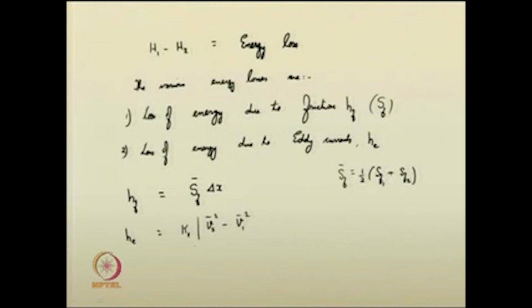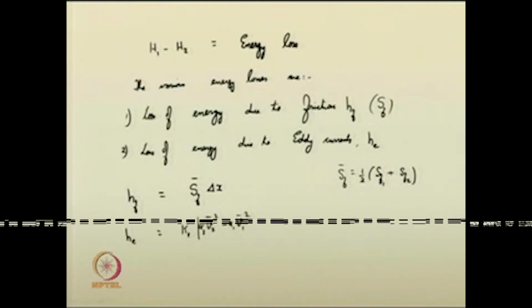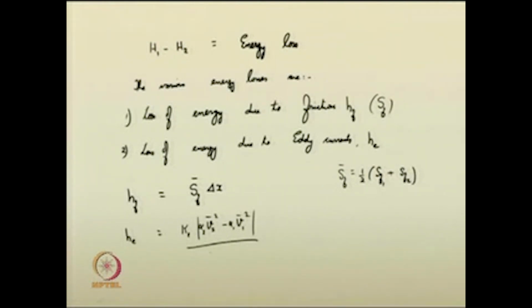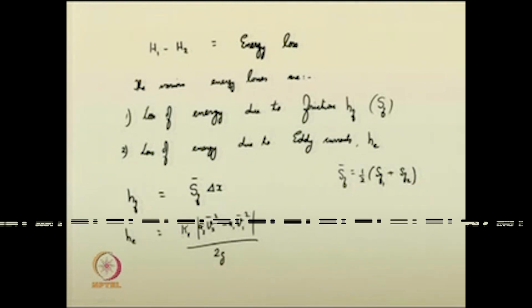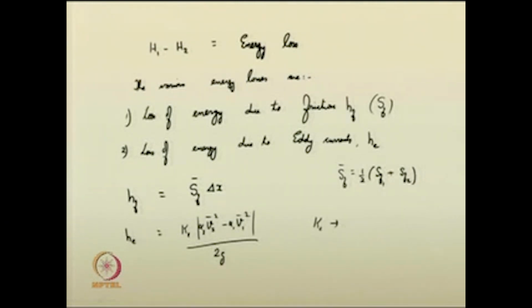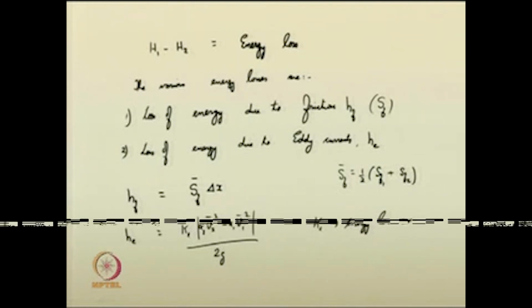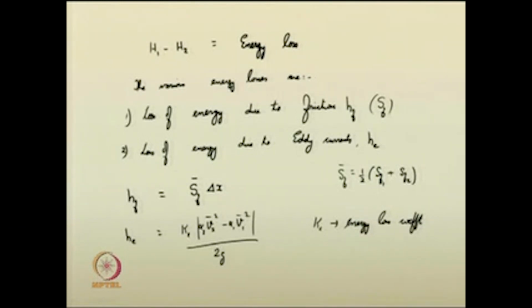Please note that it is the change in velocity that is causing them. Of course, I have to use the energy correction factors also, by 2g. So, the eddy loss is given by KL, an energy loss coefficient due to eddy currents and all. It is a parameter KL that can be experimentally found out.